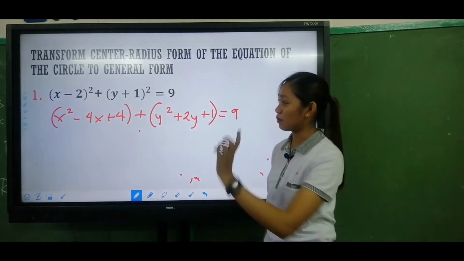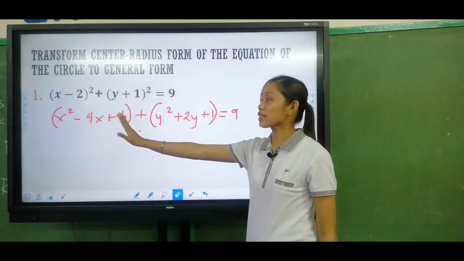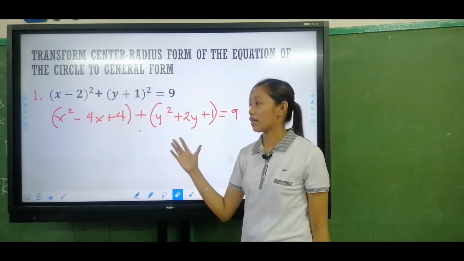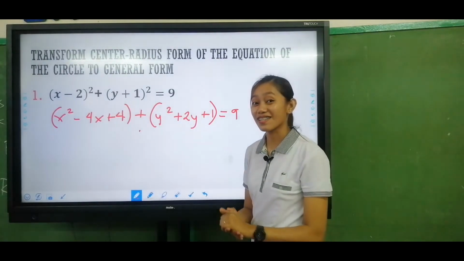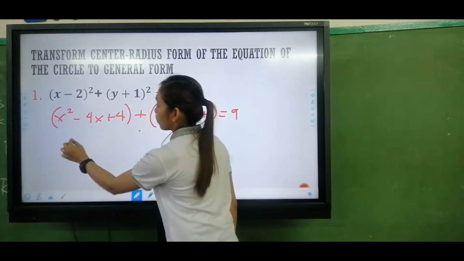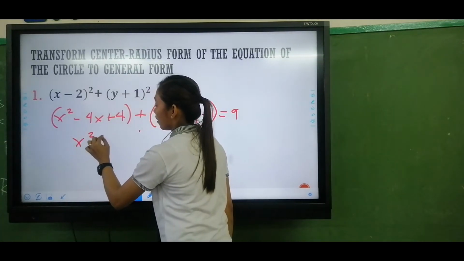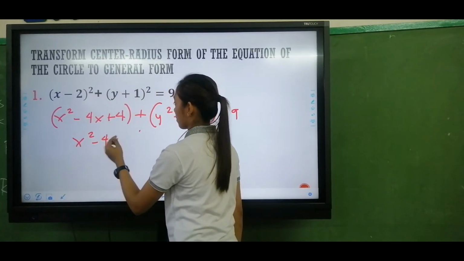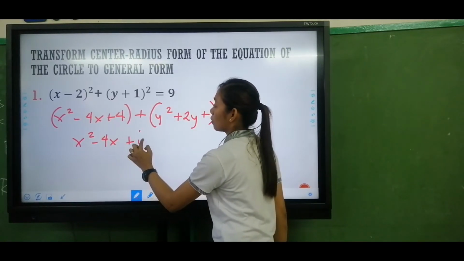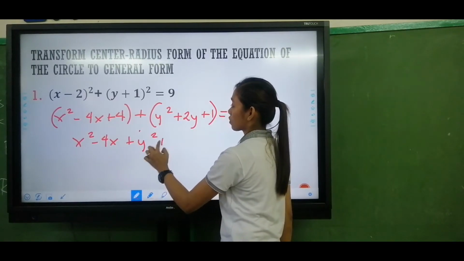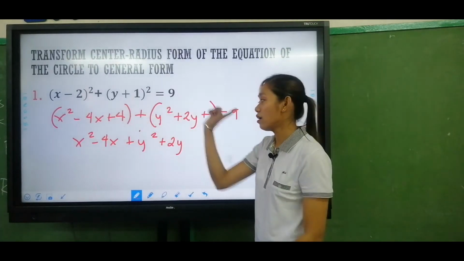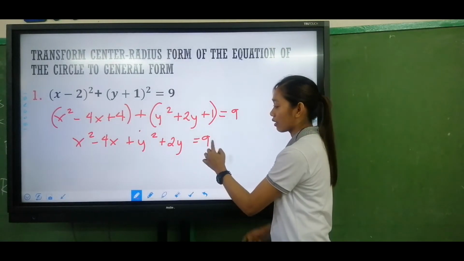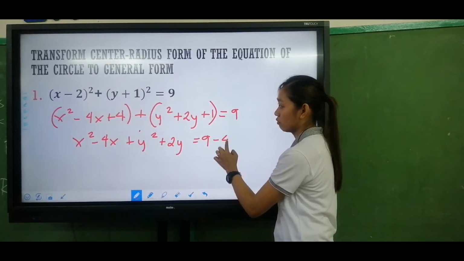So lagyan natin ng grouping symbols. Next, transpose natin yung numerical coefficient sa right side. So copy natin yung hindi constant or yung may variable: x squared minus 4x plus y squared plus 2y. Transpose natin si 4, so magiging negative yon, so 9 minus 4.